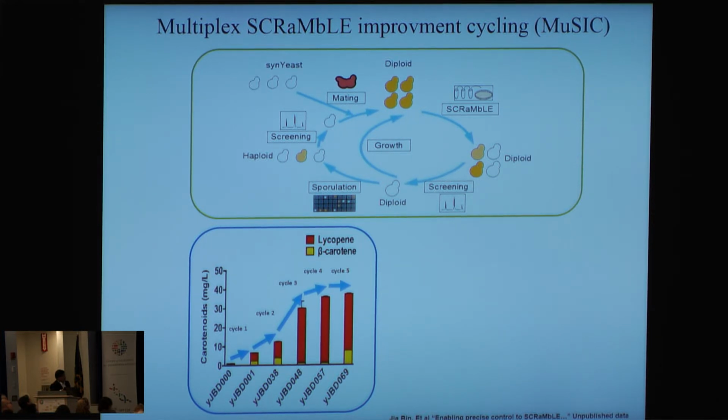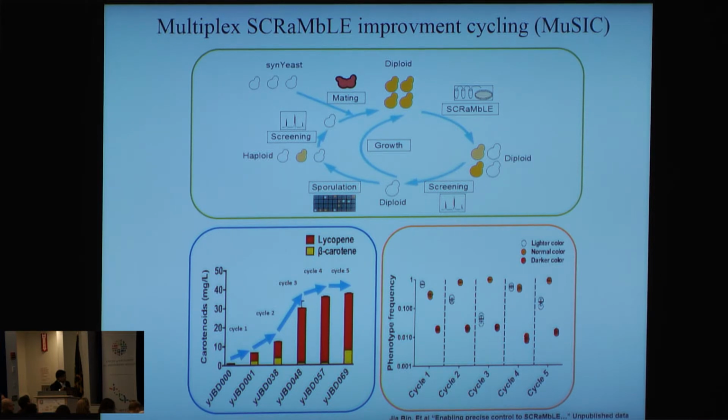It increased the production about 37-fold. We also calculated the frequency, in some cases, of it becoming darker. The rate of becoming darker is roughly around 10%.